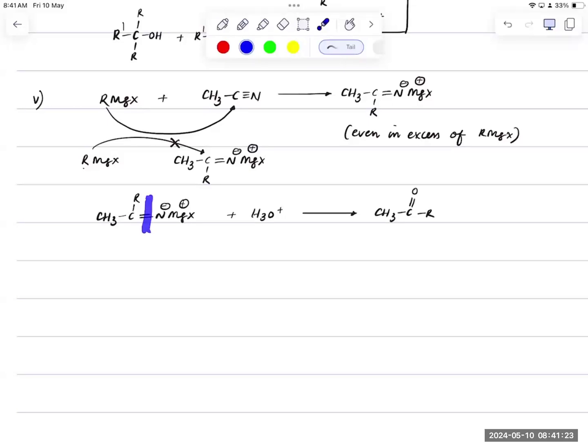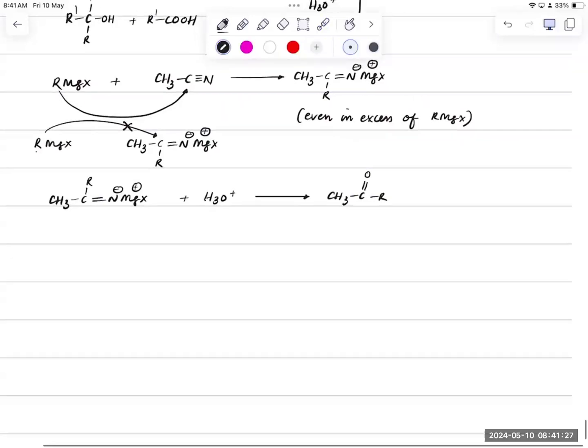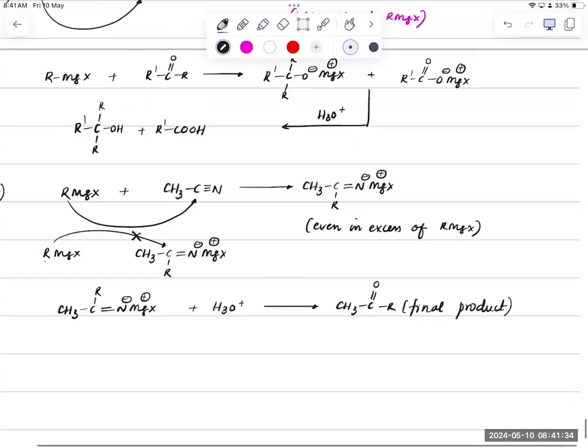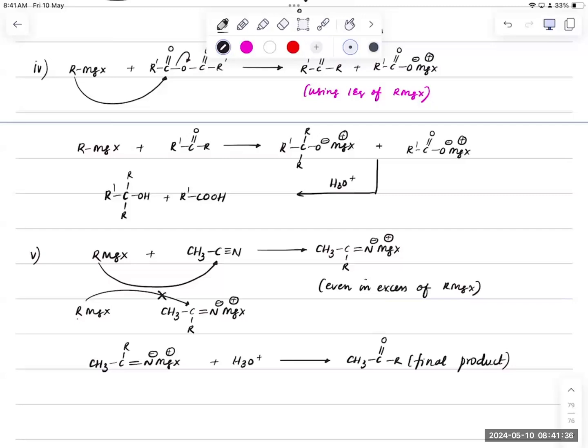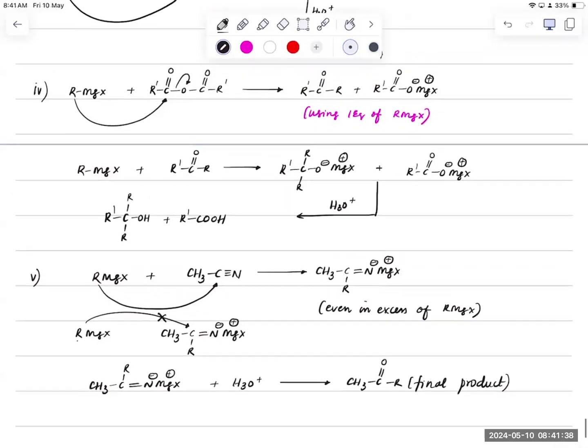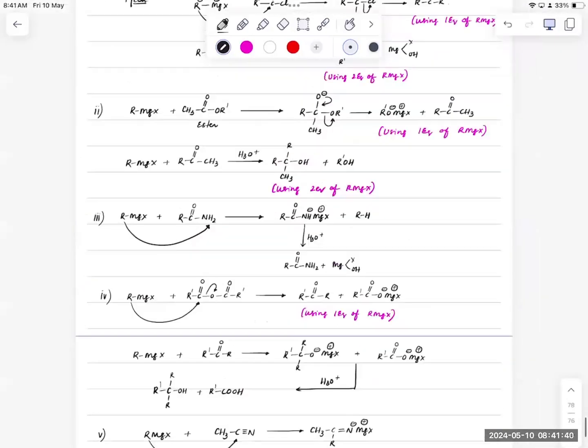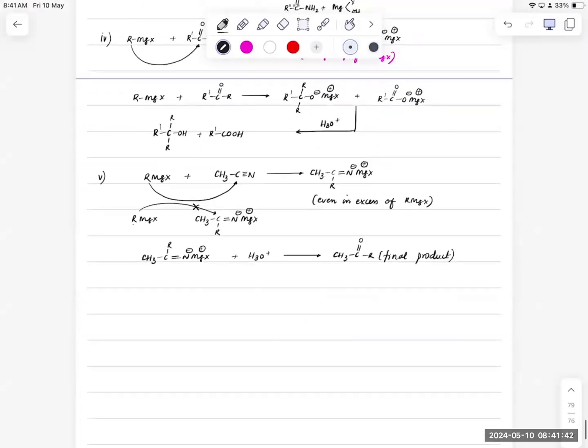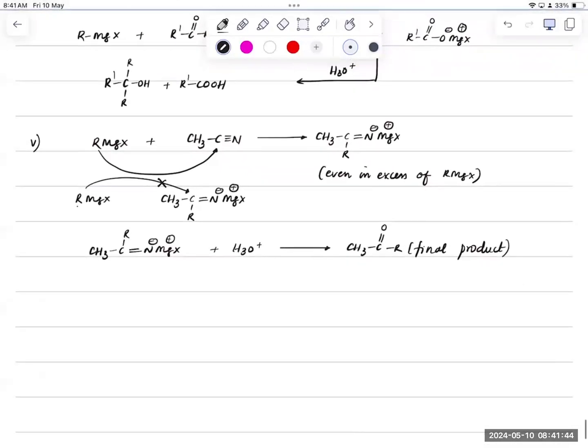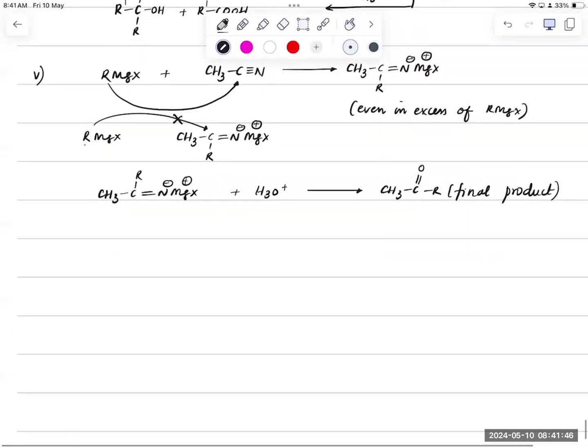The double bond will break here and it will become double bond O with the water added. And this is the final product. So in cyanides, we will never get alcohols. We'll only end up getting ketones. Clear, everybody? These are all the reactions with acid derivatives, how the reactions of Grignard's reagent take place on acid derivatives.